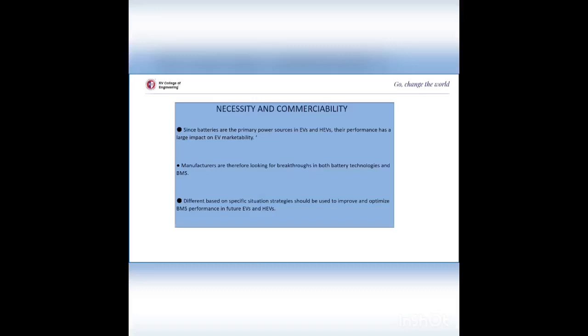Therefore a lot of research and curiosity is needed in order to get a proper battery management system for this to be possible.